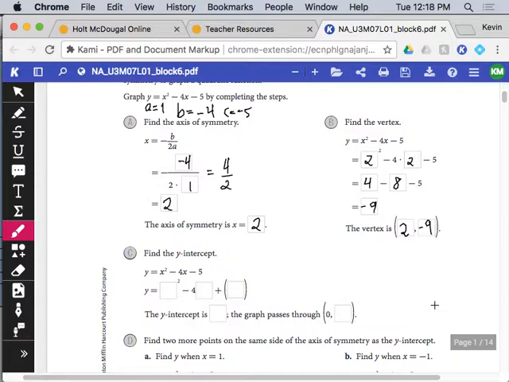So what should we plug into our function to find the y-intercept? 0. I don't know why they've got plus as -5 here, but 0 minus 0 plus -5 is -5. So the y-intercept is -5, and the graph passes through 0, -5.